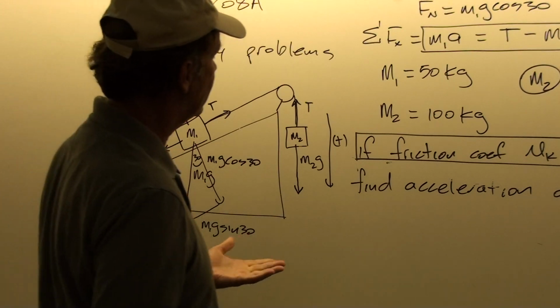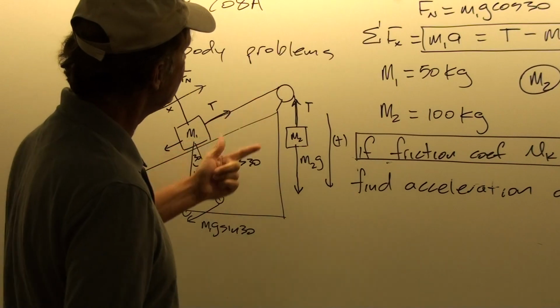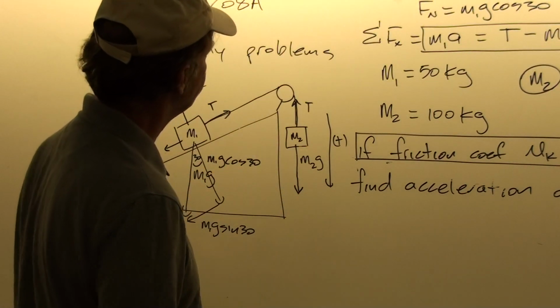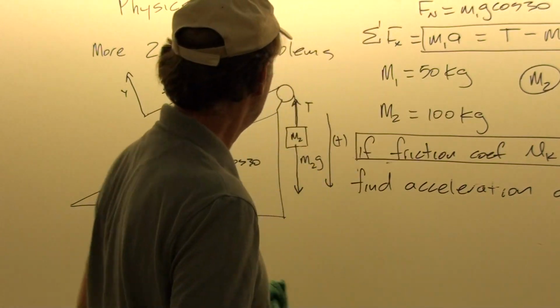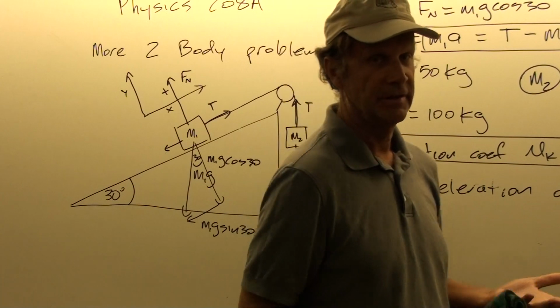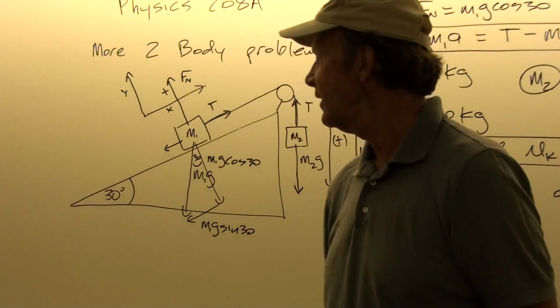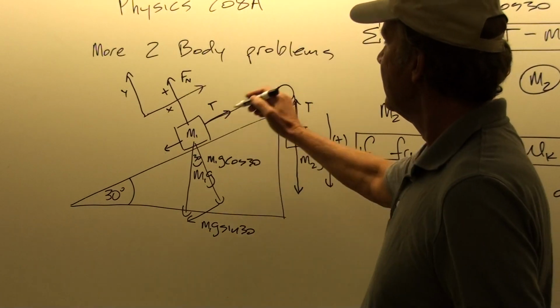And so we already know that it's going to tend to win. And so the system is going to tend to want to move this way, unless you already started moving the other way. Okay, but let's assume we give it a little tap, and we'll talk more about what static friction could do to this in a little while. Well, let's give it a little tap and make sure that it's moving up the incline. That's the way it's going to tend to move.